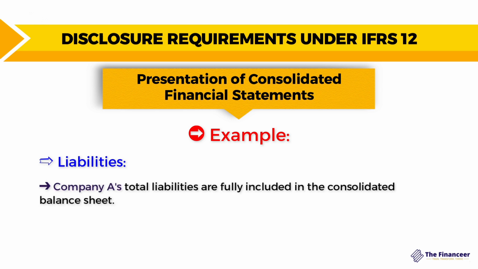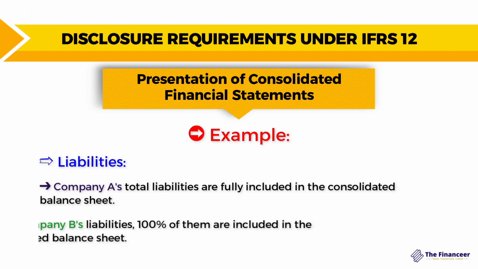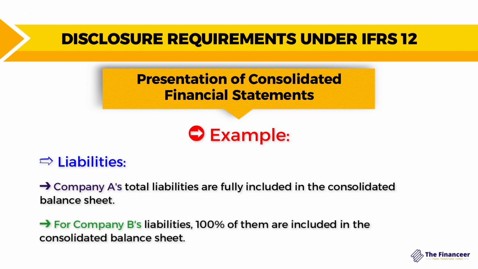And regarding the liabilities, company A's total liabilities are fully included in the consolidated financial position. And also for company B, you will consider 100% of the liabilities, ignoring the percentage of ownership that you have in the other entity. So 100% of the liabilities will be included in the consolidated financial position.